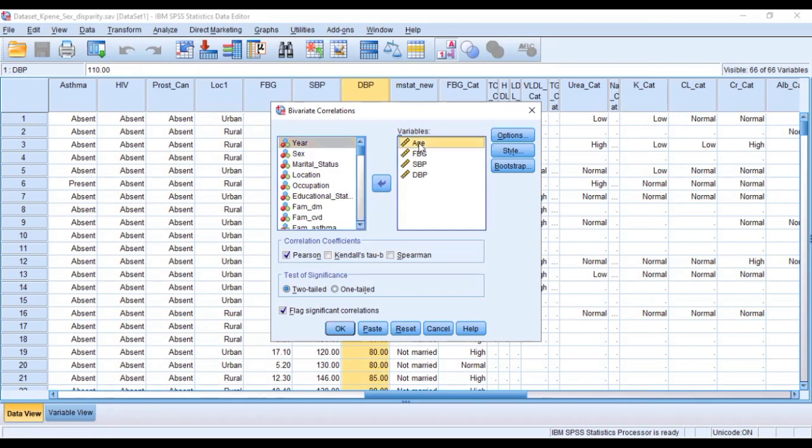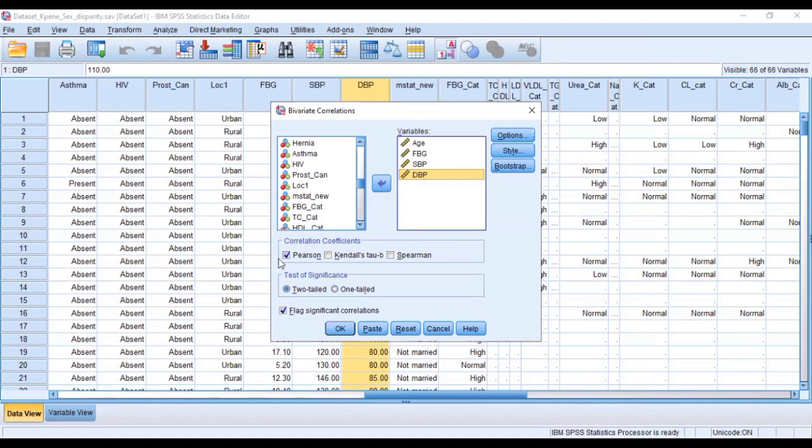So generally our variables will be here initially. So you now select them one by one and move them there. So we want to see how age, systolic blood pressure, diastolic blood pressure, and fasting blood glucose are related. So over here, the correlations we need are stated here.